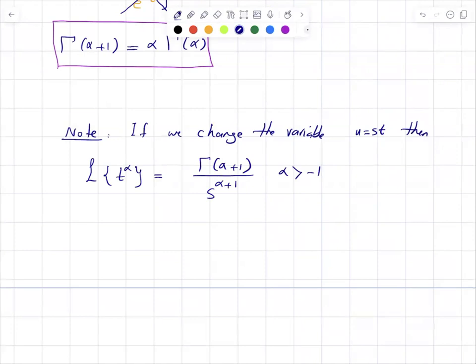One important notation is that the gamma of a half is equal to square root of pi. So we're going to use this and calculate the Laplace of the following functions.